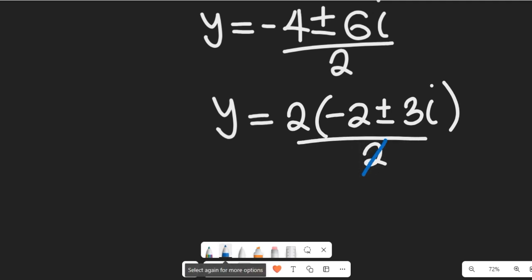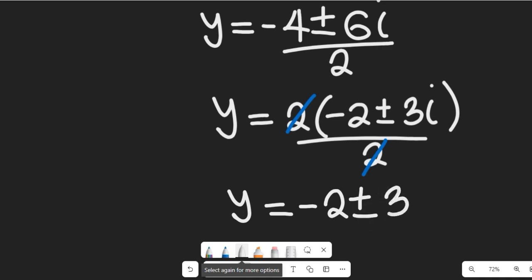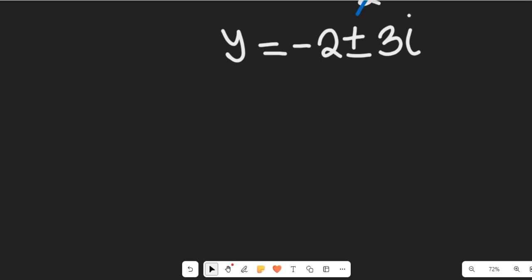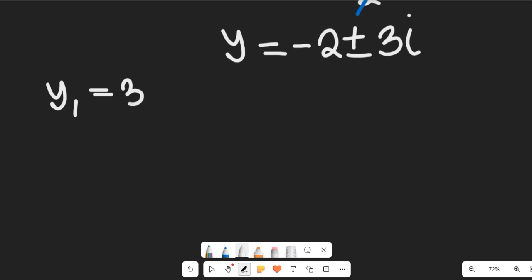And the 2 will cancel out the 2, and then the value of our y will be equal to negative 2 plus or minus 3j. So from this expression, we can see that our y1 gave us 3 initially.